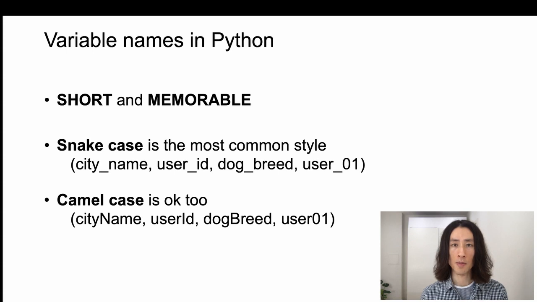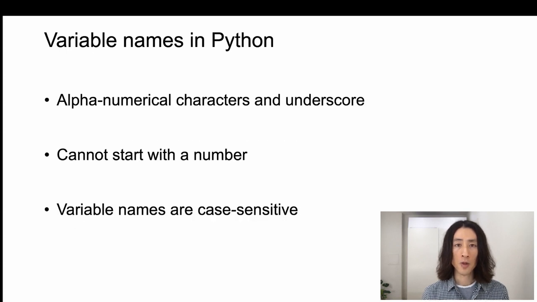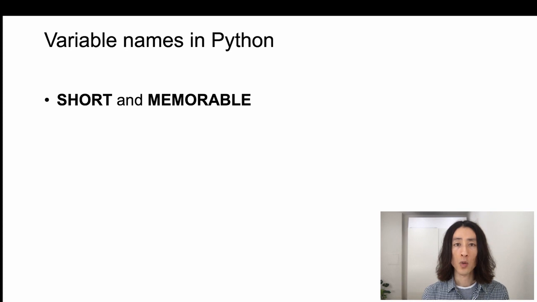This is also accepted in Python, but a little less common than snake case. There are a few more rules around variable names if you want to get technical, like you can't start a name with a number, or you can only use alphanumerical characters and underscore. If this looks a little bit overwhelming, don't worry too much about it. What I'll say is stick to the first principle, which is keep things short and memorable.